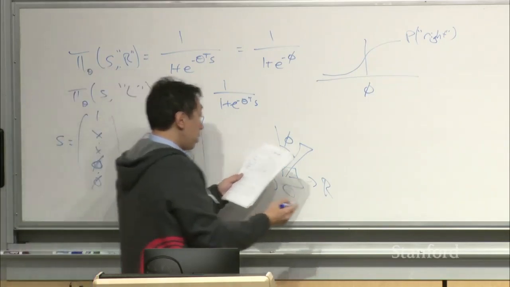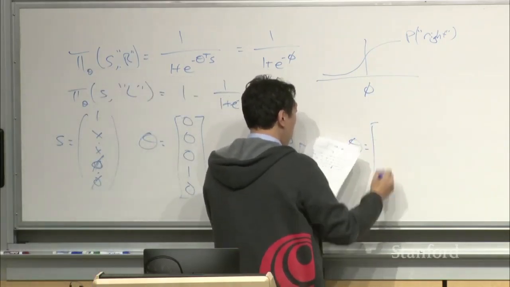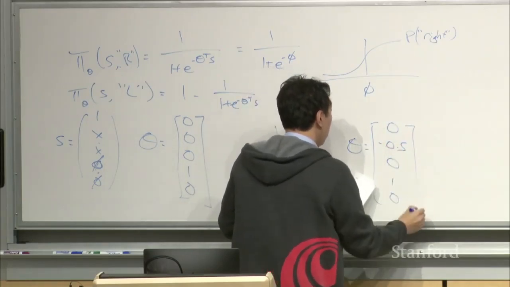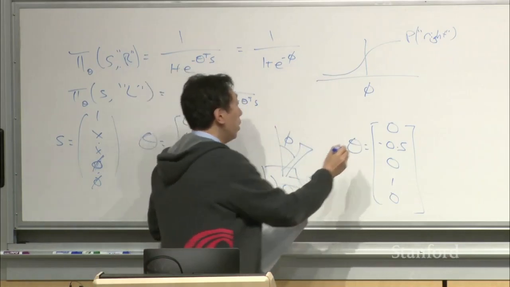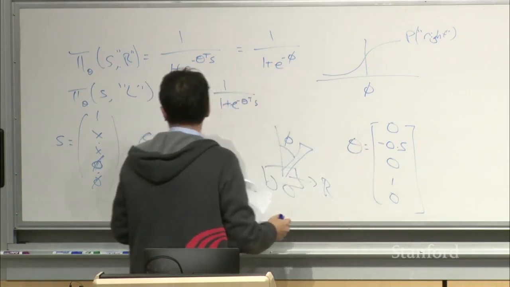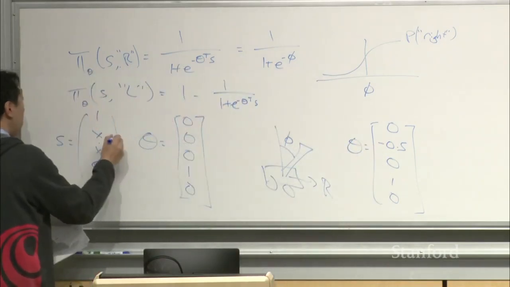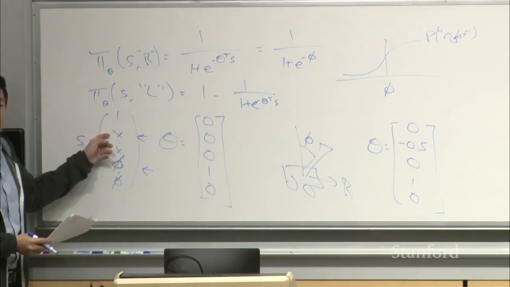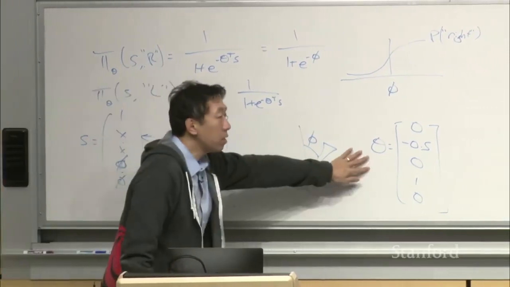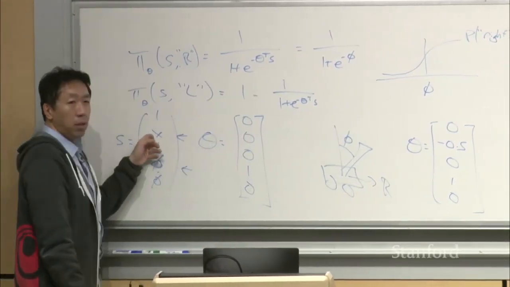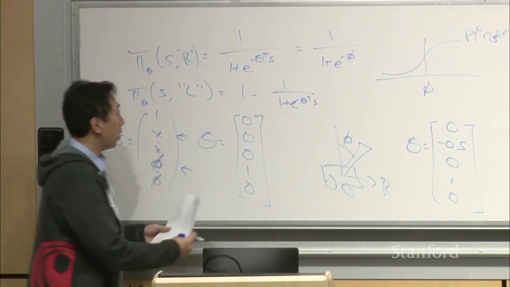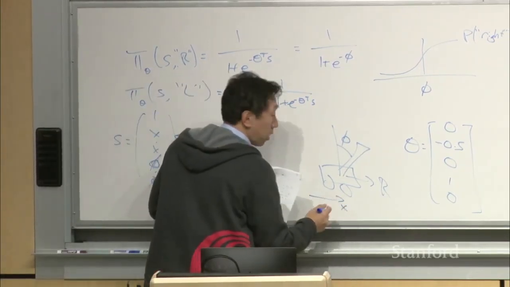But if you were to set theta equals 0, negative 0.5, 0, 1, 0, then the negative 0.5 now multiplies into the x position, right? Now this new policy, if you have this value of theta, takes into account how far your cart is already to the right, where I guess this is the x distance.